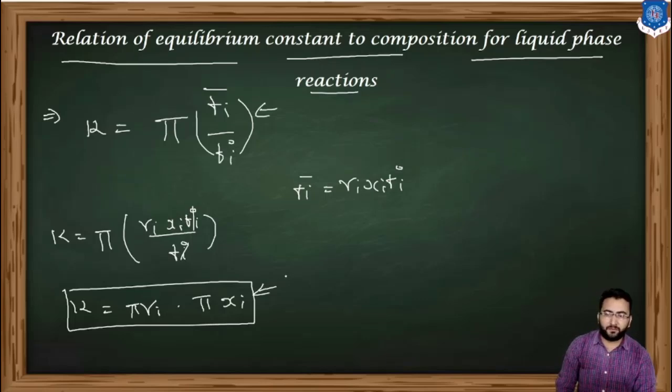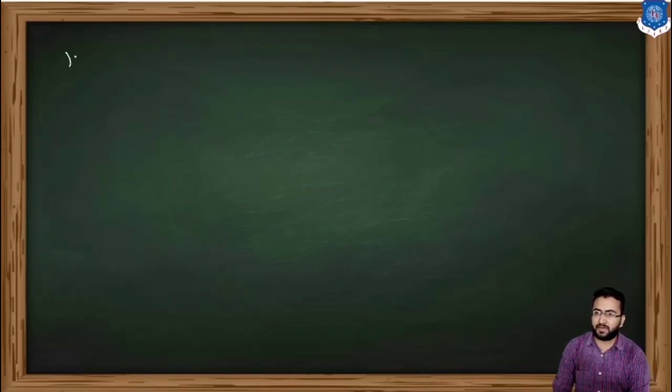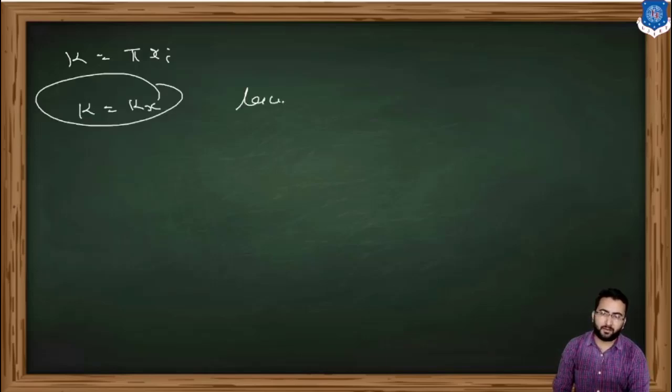But if this is an ideal solution, then the activity coefficient becomes 1. So we can say that K is equal to pi of Xi.